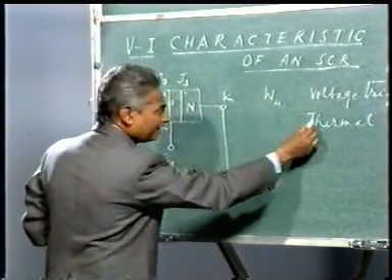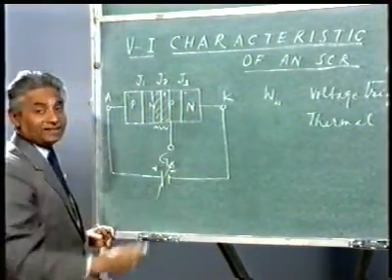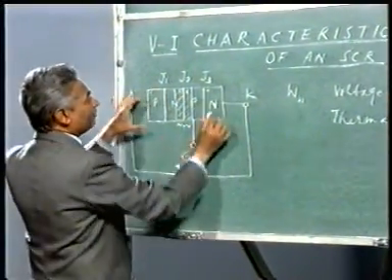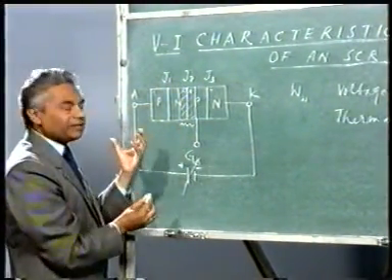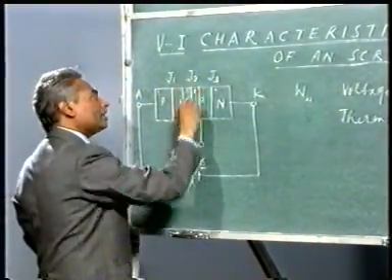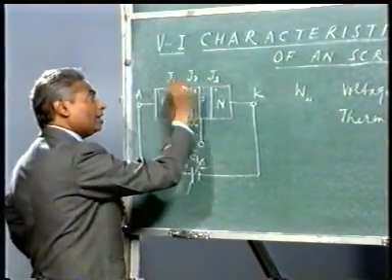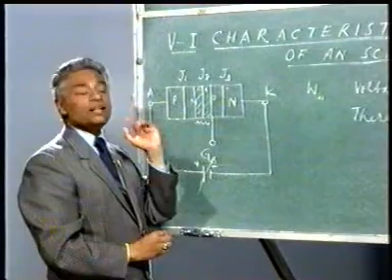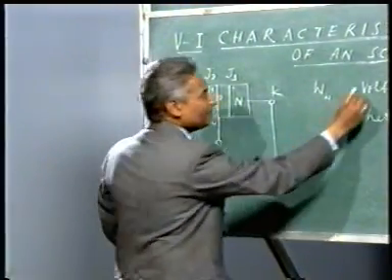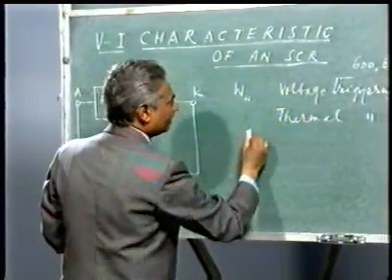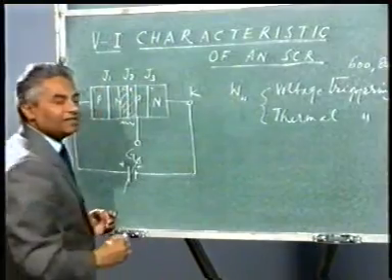Similarly, thermal triggering is also not very relevant practically. This device is very small, it is a very miniature device, and that junction J2 is also very small, and it is very difficult to increase the temperature of that particular junction. So both these methods, the voltage triggering and the thermal triggering, are not practically feasible.